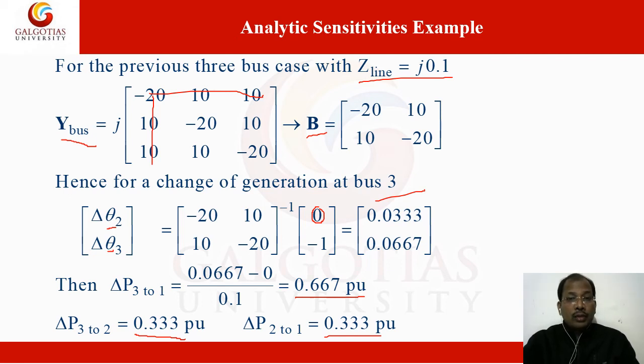The theta values we are already getting, because theta 1 is taken as the reference bus, which is 0. This is the 3 bus system they have considered, and the Z line they have given is 0.1. So all the changes in power due to a disturbance, in terms of the reactance, we have already calculated.